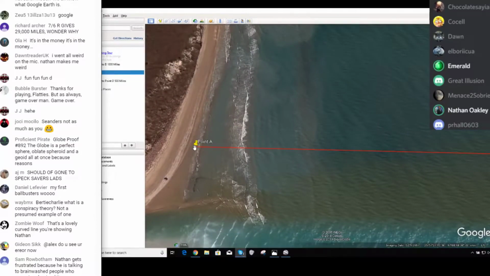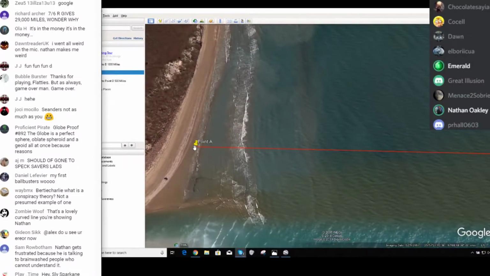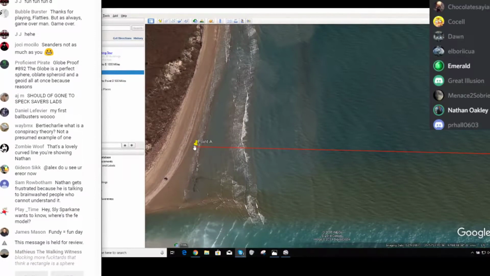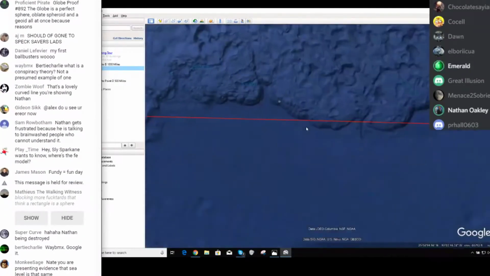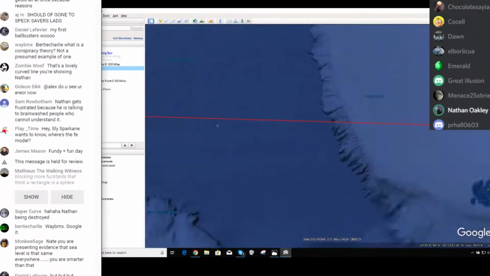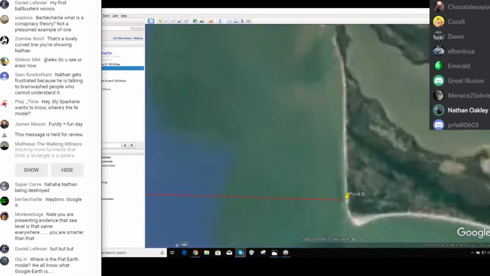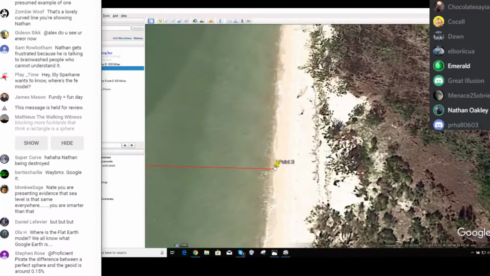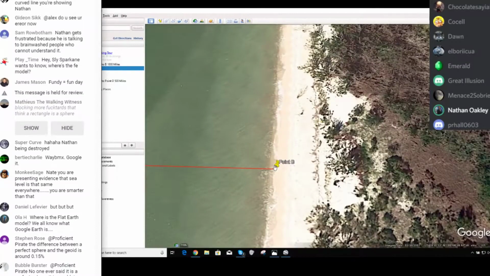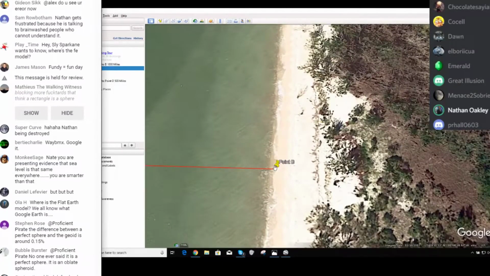Look, Nathan, if I take the radius of a circle, excuse me. Point A is 3 feet. Let's go to point B, 1,000 miles away. There should be 128 miles of drop, vertical drop. The elevation is 3 feet. Stop talking. You can debate. You can call me all the names you want. Why is this guy interrupting?